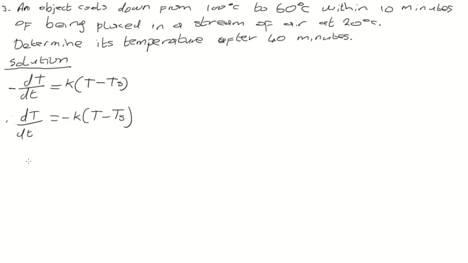You can use the separation of variables method, or you can use the integrating factor method. For this one, we have done two problems where we used separation of variables. How about we use the integrating factor method for this one? So therefore dT/dt plus kT is equal to k TS, right?